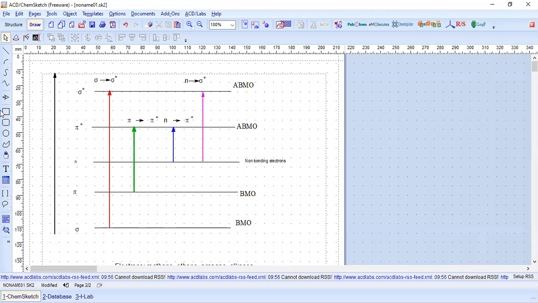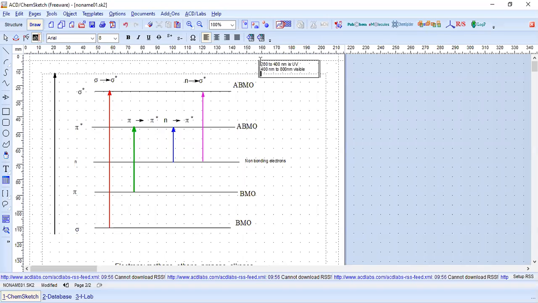We know already the UV visible range. What is the UV visible range? 200 to 400 nanometer is UV. 400 nanometer to 800 nanometer is visible radiation.